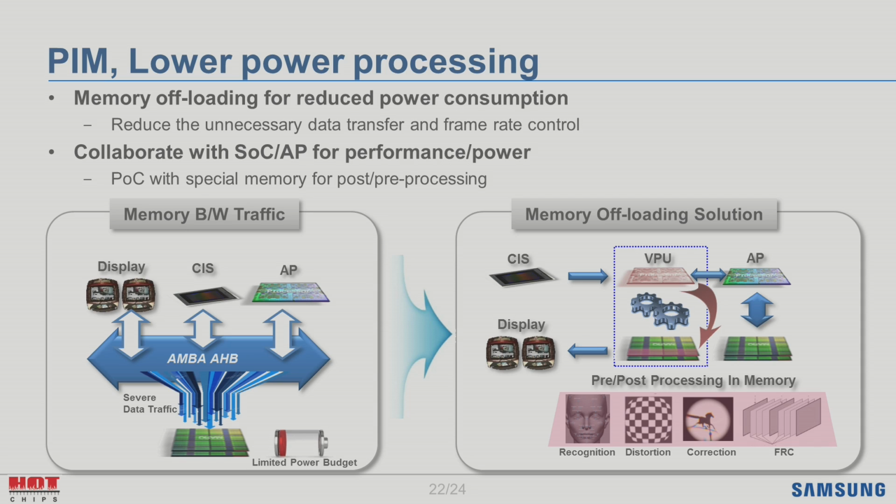Regarding pre-processing, there are image and gesture recognition using deep learning algorithms. Regarding post-processing in VR, we can consider time warp, lens distortion, chromatic aberration correction, and frame rate control. However, this approach requires close collaboration between the SoC and DRAM. And we'd like to propose a proof of concept project with processing in memory.